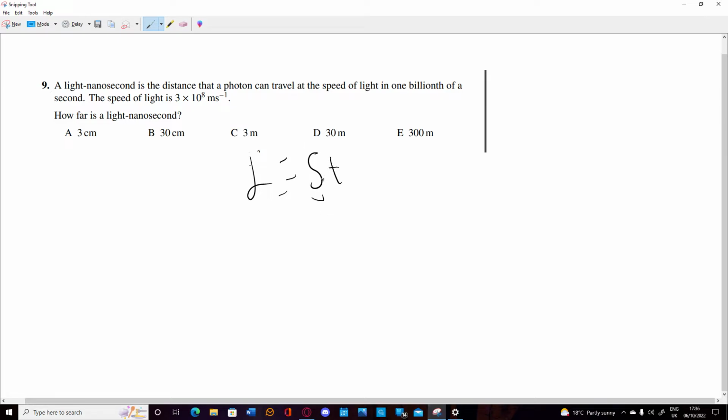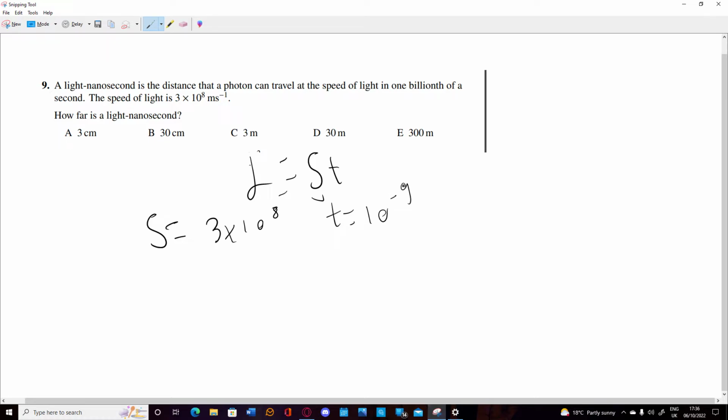For you physicists, this is looking weird, isn't it, having s as speed. But we know speed equals 3 times 10 to the 8, in 1 billionth of a second. That's a nanosecond. We can tell, because 1 millionth is 10 to the minus 6, and a billionth is 10 to the minus 9. So it's 1 over 10 to the 9, which is 10 to the minus 9.